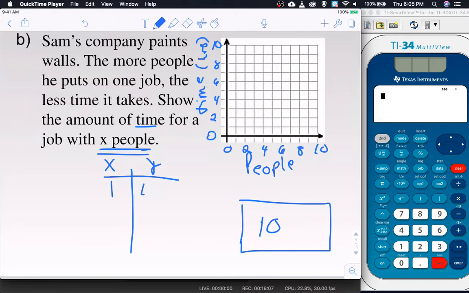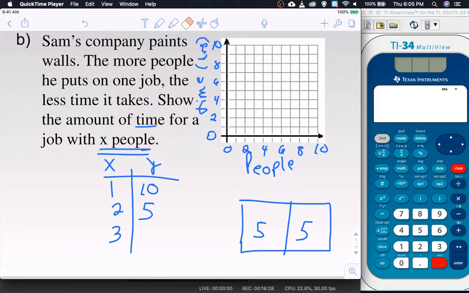Now, if you had 2 people painting that wall, how long would each person have to work? Well, each person would work for 5 hours. If you cut it in half and one person paints one side, one person paints the other, you get 5 hours and 5 hours.